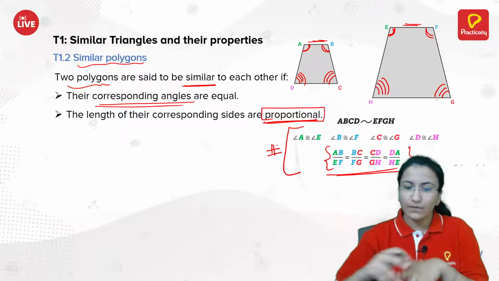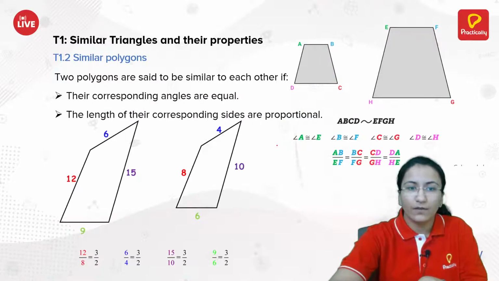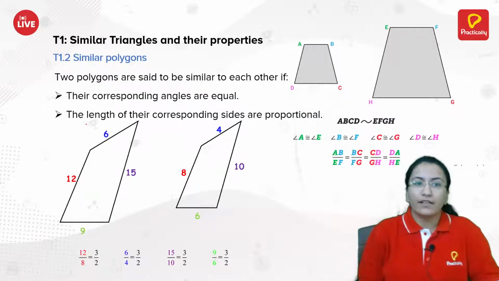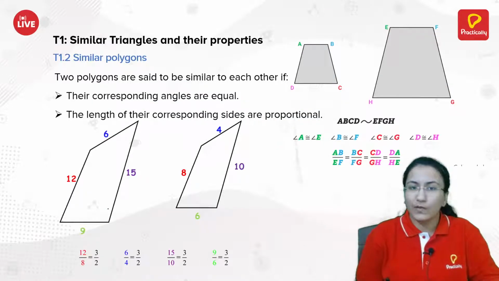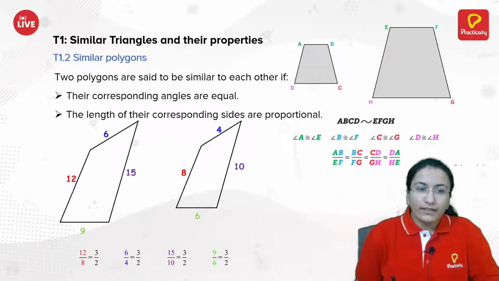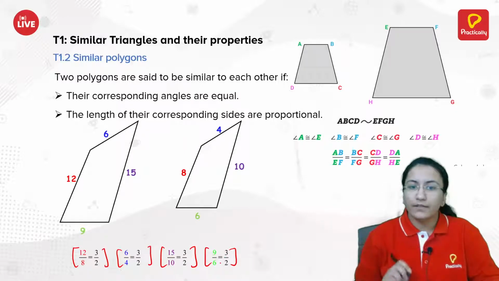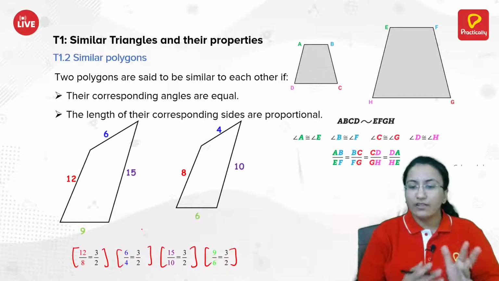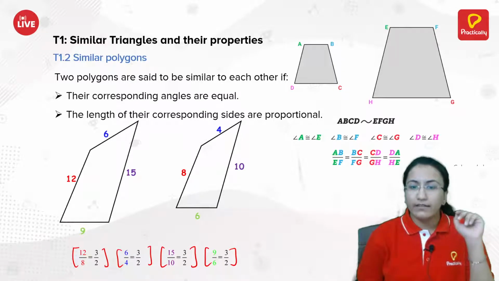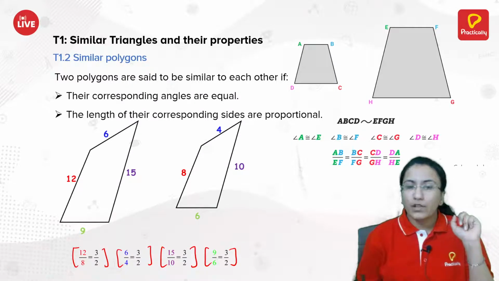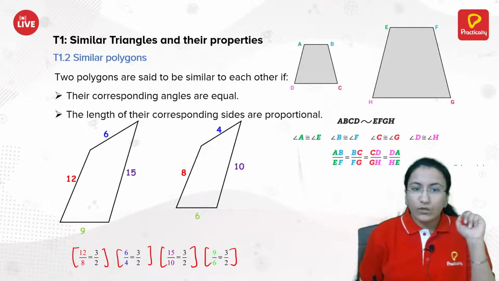These are the properties which are satisfied by similar polygons. Okay. For an example, here I have taken an example with magnitudes. These corresponding angles are equal, and you can see the proportionality of sides I have given over here. All these ratios I have calculated, and after calculating each ratio, the corresponding side ratio of both the polygons is equal to 3 by 2.